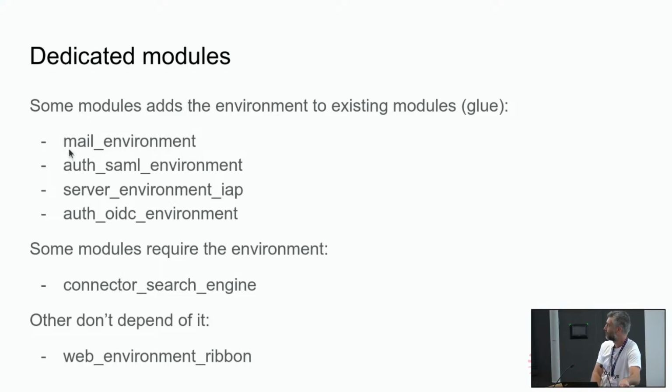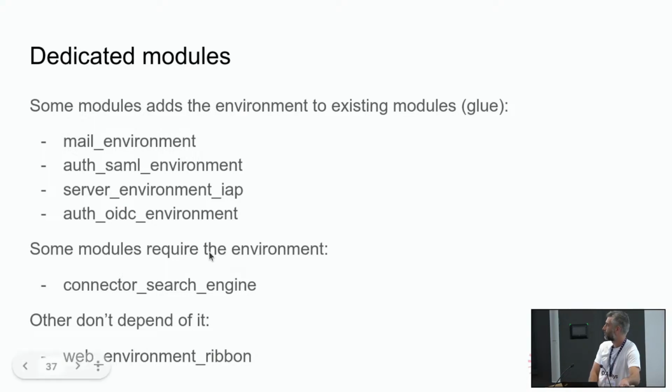You have to add this mail environment module to use server environment. You've got the same for SSO, the IAP, I don't remember the name, OIDC, it's also SSO. And some other modules don't require the environment.